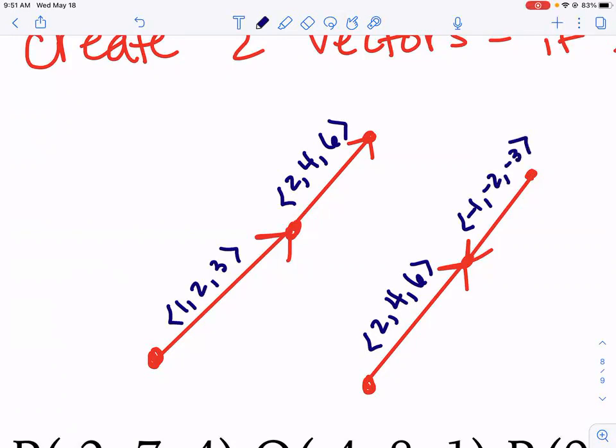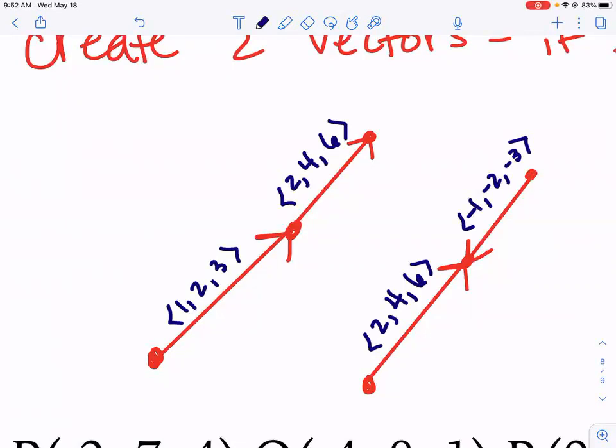They're scalar multiples of each other. If vectors are scalar multiples of each other, then they're going in the same or opposite direction. These two vectors are going in the same direction. These two vectors are going in the opposite direction. Okay, if our vectors are scalar multiples of each other, they are parallel.